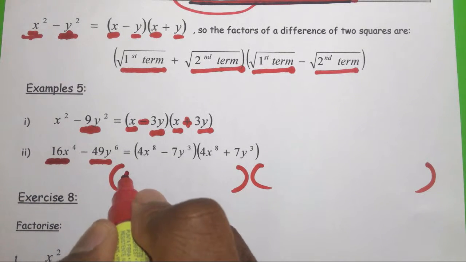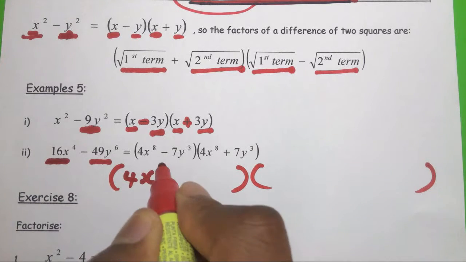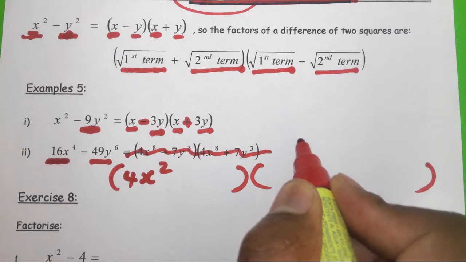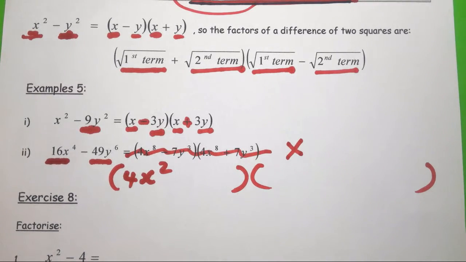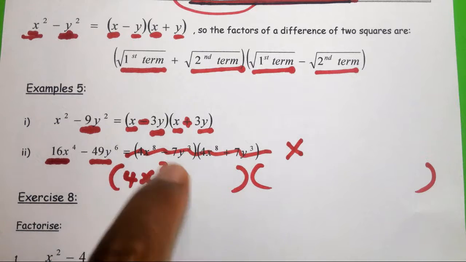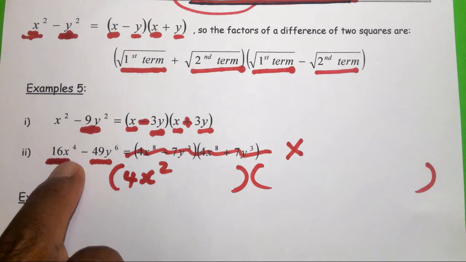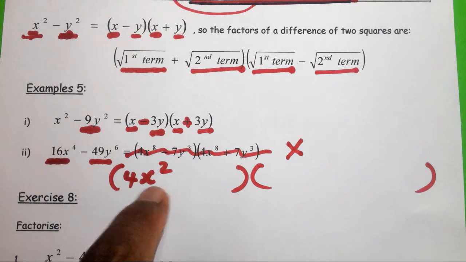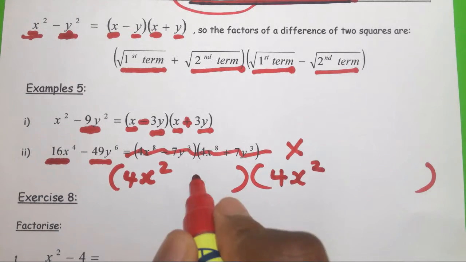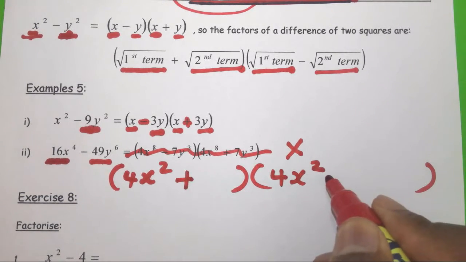That will be 4x squared. This is completely wrong, this is not correct, because the square root of this is not x to the 8. So the square root of 16x to the 4 is 4x squared. Then I have 4x squared. I can put a plus there, then a minus there.